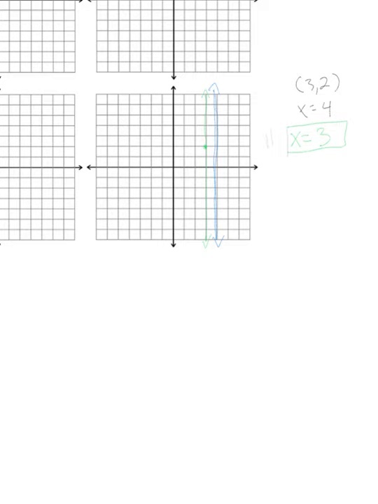If I want something that is perpendicular, well, isn't that just 90 degrees crossing through the point (3, 2) right there? So it's a horizontal line, so our line becomes y equals 2. And this is our perpendicular equivalent. Okay, and that is all for today.